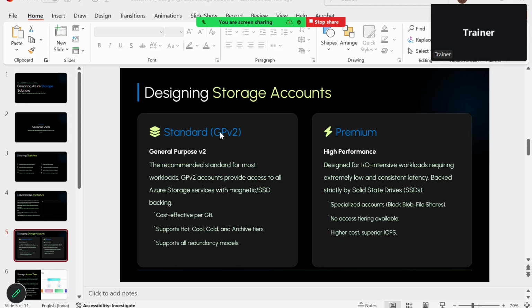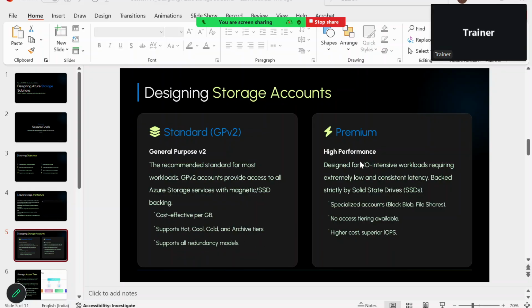So what is standard GPv2? It is the recommended standard for most workloads. A GPv2 account provides access to all Azure storage services with magnetic and SSD backing. It is cost effective per GB, supports hot, cool, and archive tiers, and supports all the redundancy models.